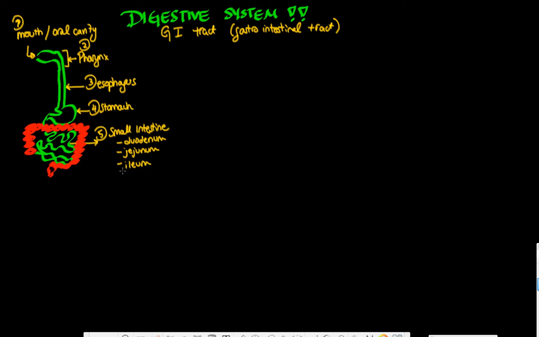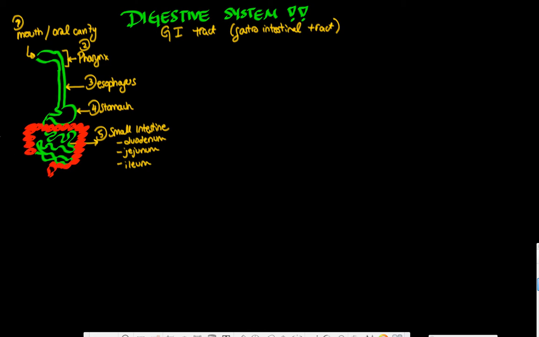After food exits the small intestine, it's going to reach the large intestine. And so the large intestine, as you can see, is going to loop upwards, across, and back down. So we have what we call an ascending, transverse, and descending sections of this large intestine or the colon. So let's write those down.